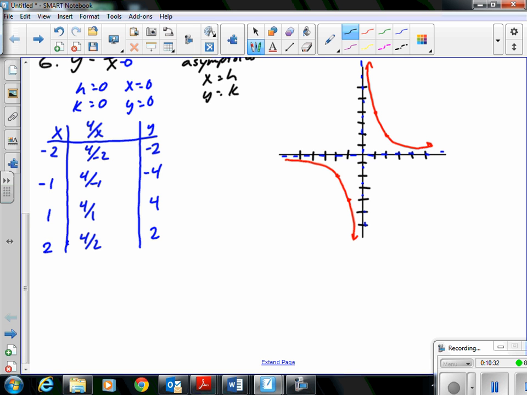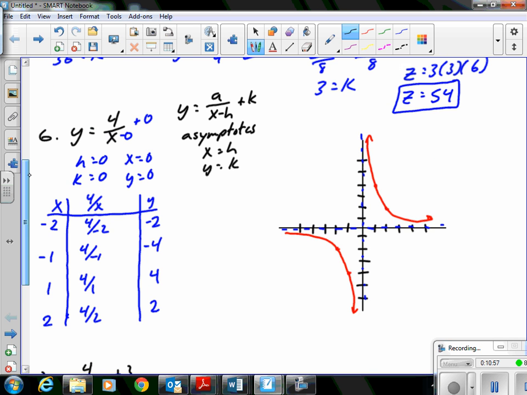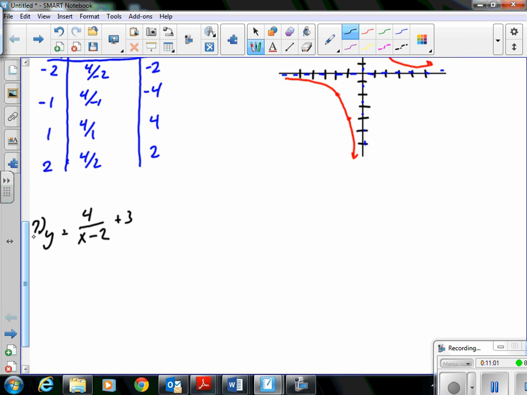Right, so then the next one gives us an equation of y equals 4 over x minus 2 plus 3. So this is still in that format that we had up here of y equals a over x minus h plus k. So we can identify our h and k so we can get our asymptotes.